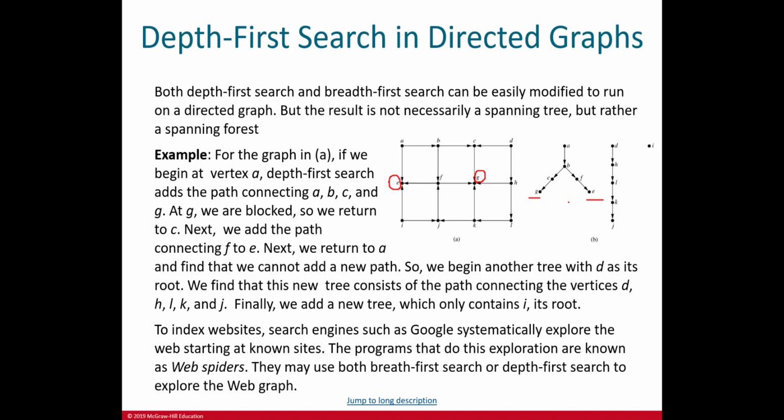Sometimes we can end up with a forest instead of a tree, because we have connected components but not a single tree. This is called a spanning forest instead of a spanning tree, because we get different components as part of it.